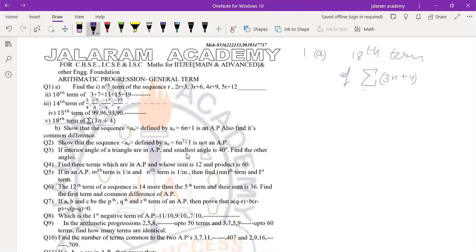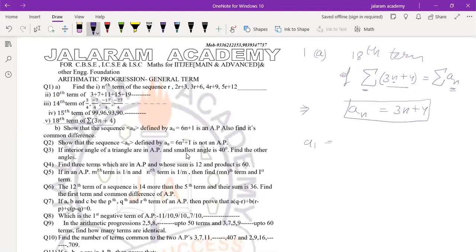Sigma is the symbol which is used for summation, meaning the first term is obtained when we use 1 in place of n. Actually, it is a1. Whenever it is written sigma 3n plus 4, this is sigma an. An means the nth term. The nth term of this AP is 3n plus 4.